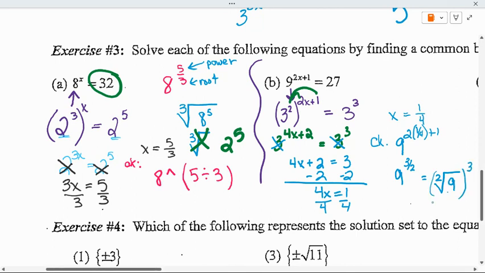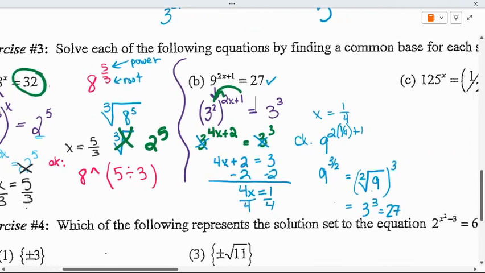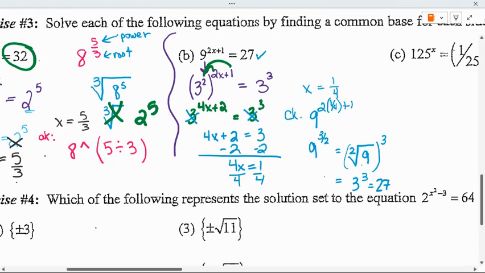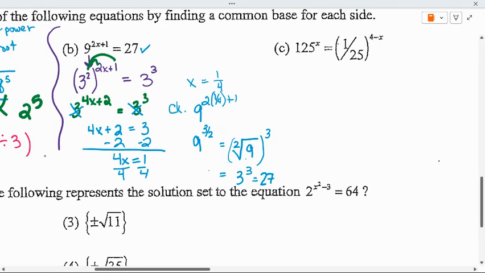Well, what is the square root of 9? 3, and what is 3 cubed? Oh my gosh, isn't that what we just got? I just want it to make sense in your brain. I'm going to leave that one there, and we're going to talk about letter C.